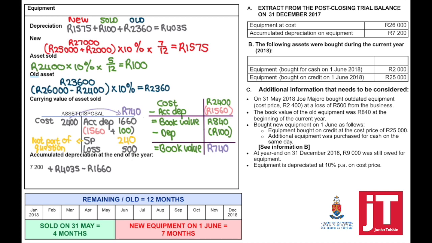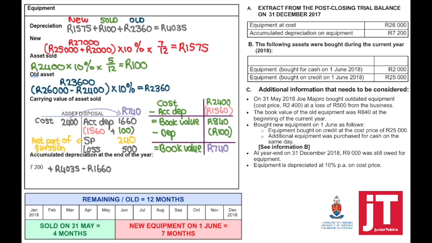So take note, you had to calculate your total accumulated depreciation on the asset which you've disposed of in order to solve the accumulated depreciation at the end of the year.